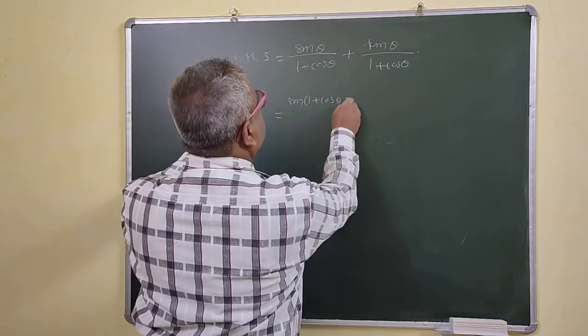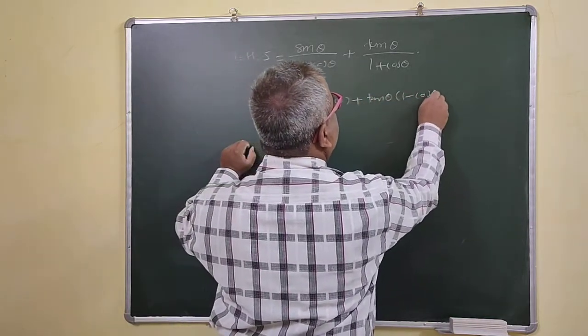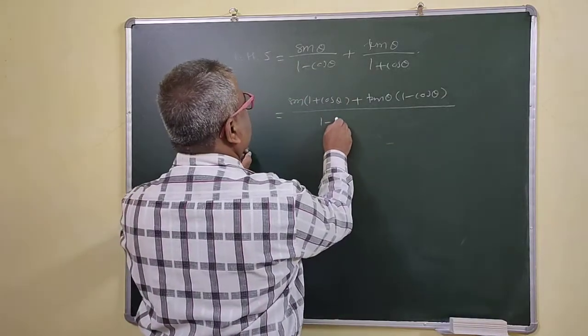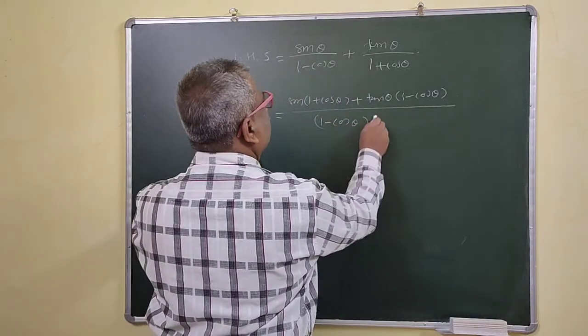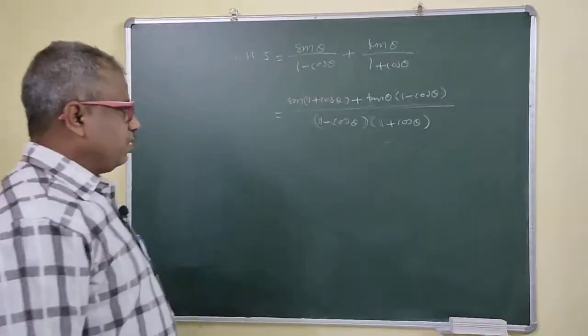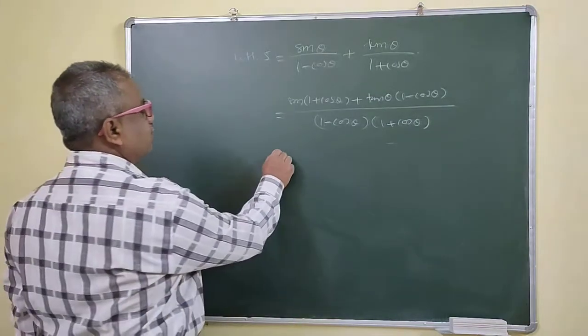1 plus cos theta plus tan theta into 1 minus cos theta upon 1 minus cos theta into 1 plus cos theta, right? So now this is what?